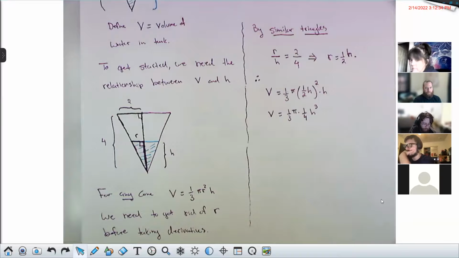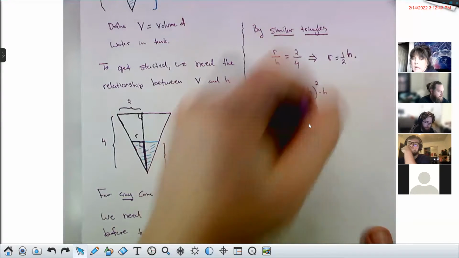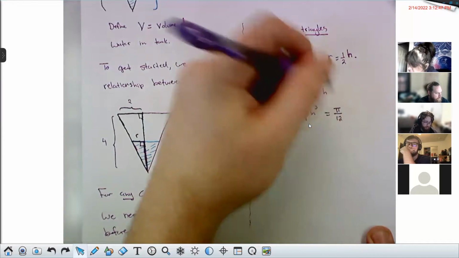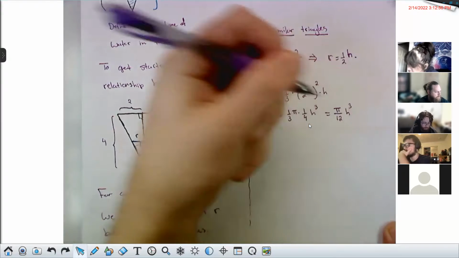And now we can differentiate. I've got this lump of constants out front. That's pi over 3 times 1/4, which is pi over 12. So this is v equals pi over 12 times h cubed.